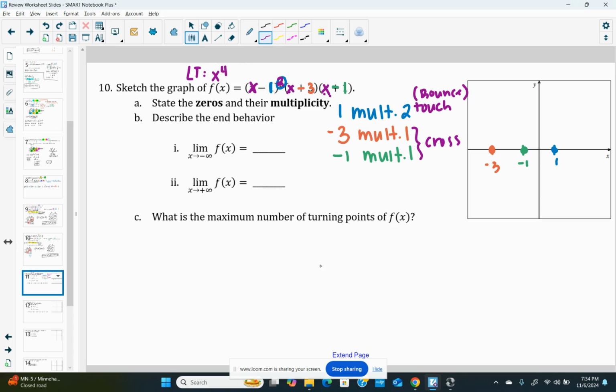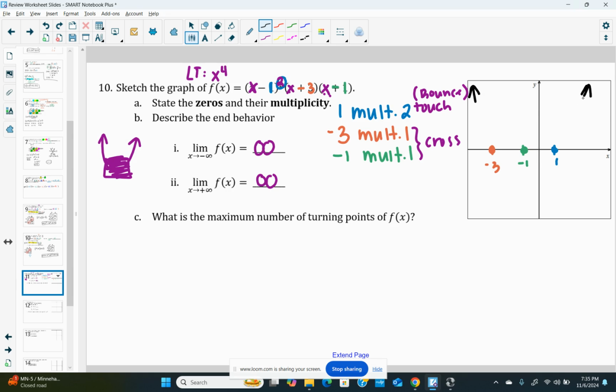That's going to be x to the 4th. So this one is even, so both ends are going the same way, and a positive leading coefficient. So we know it's going to be up on both sides. Now it's going to do different stuff in the middle, but we know on both sides it's going to be at positive infinity.